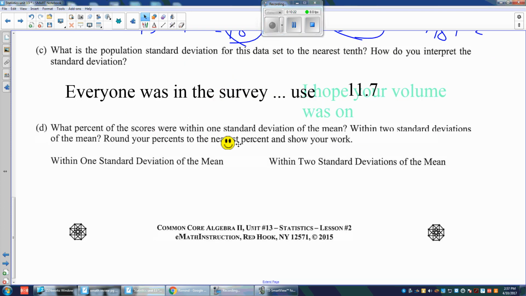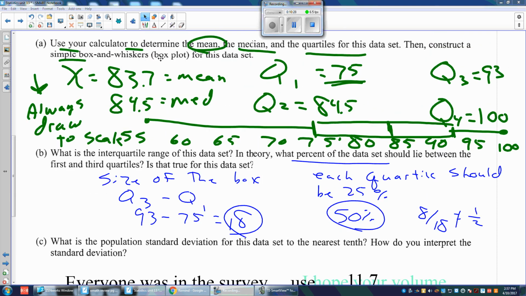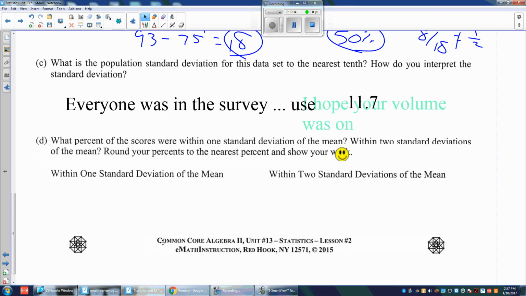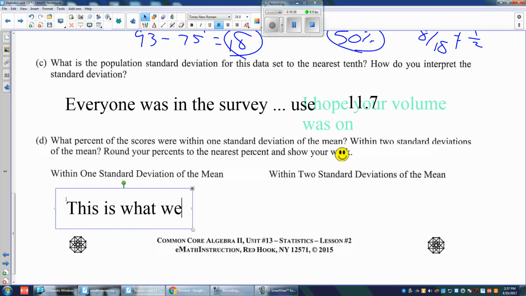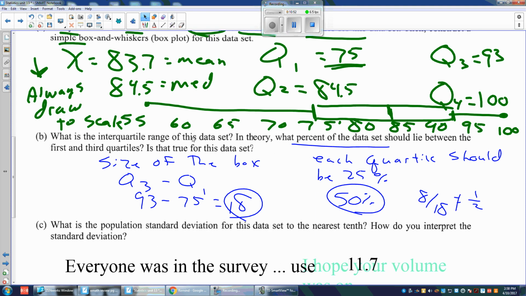What percent of the scores were within one standard deviation of the mean? What's the mean? The mean was 83.7. The standard deviation was 11.7. This is what we do. We take the mean plus the standard deviation and the mean minus the standard deviation. We go up here to find the mean.